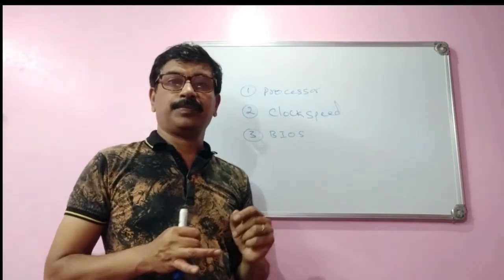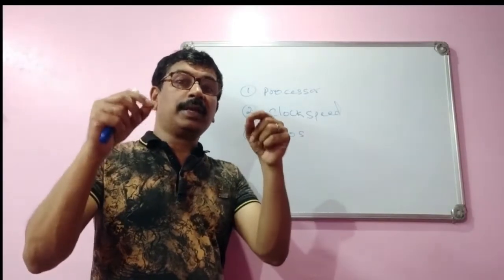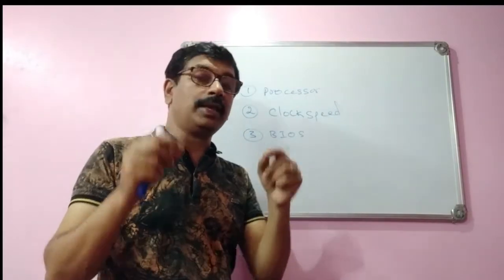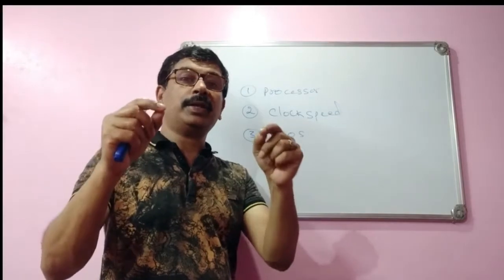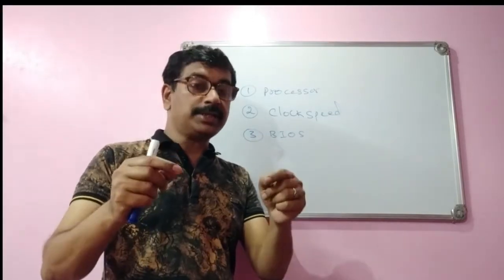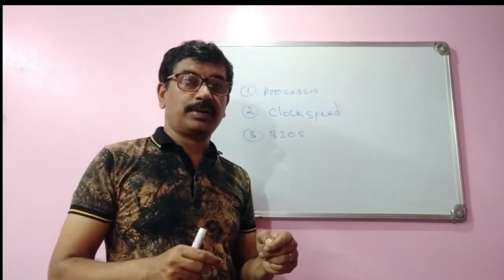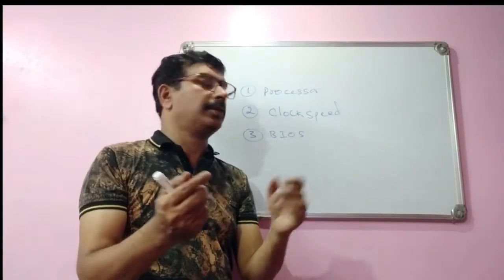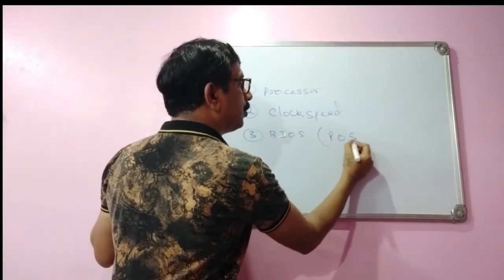Then it will even check the working area of a user. Working area of a user is RAM. Random access memory is called the working area of a user. Even it checks whether the RAM is working properly or not. And this process is called power on self-test, the POST process.